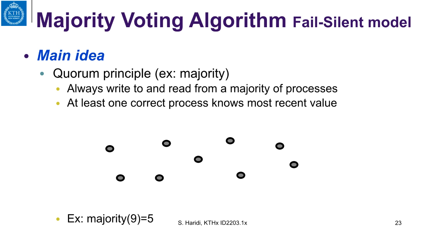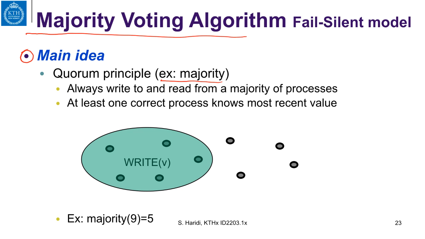We move now to a regular register algorithm in the fail-silent model that uses the concept of quorums to achieve regular register consistency. So we call this algorithm the majority voting algorithm. And the main idea is to use the concept of quorums that we described earlier, i.e. a majority of processes has to be contacted.